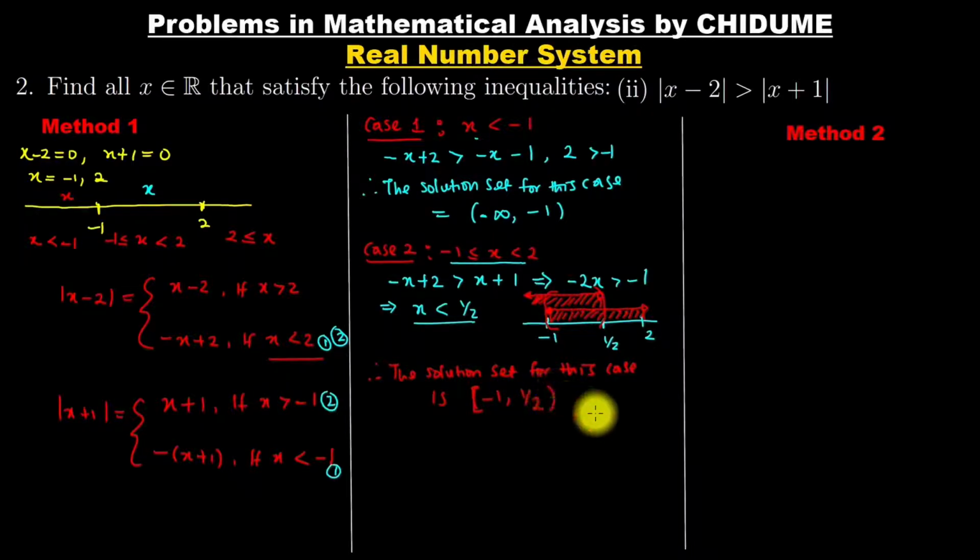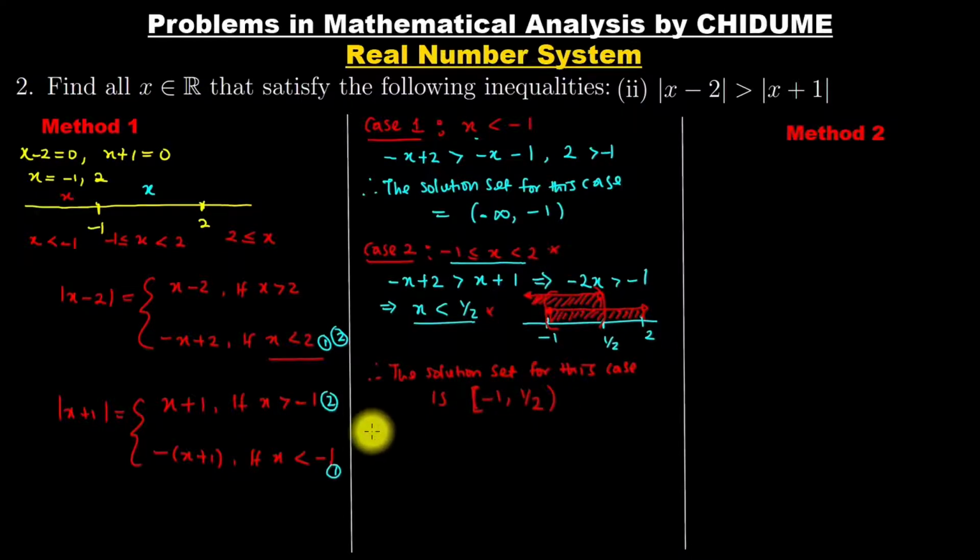So it's closed at this end and open at this end. What I'm doing here is looking at the intersection of this condition here and this condition here, and that gives me this.